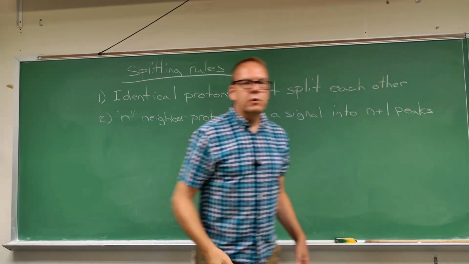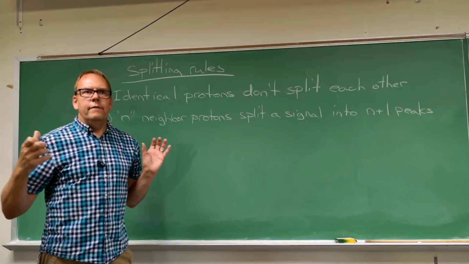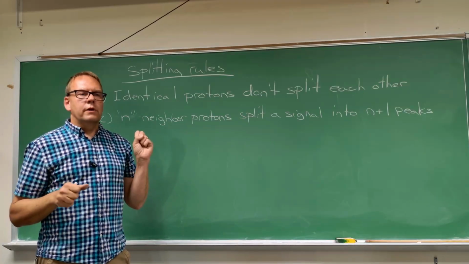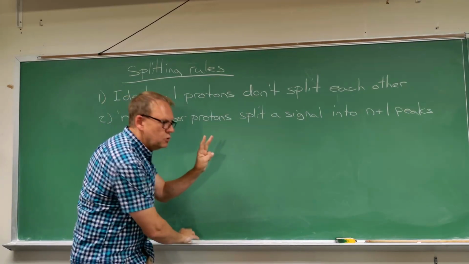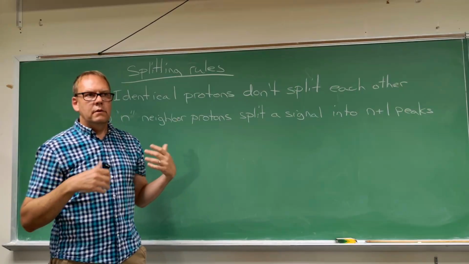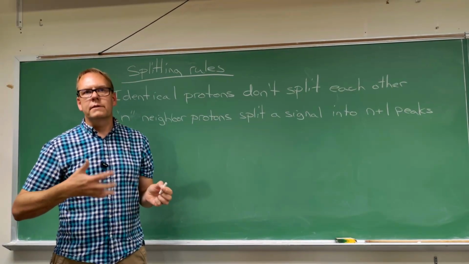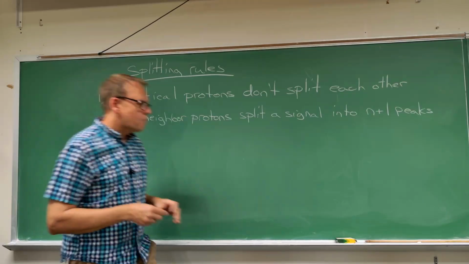So that's what we were talking about before: if you have one neighbor, add 1, you're split into 2 peaks. If you have 2 neighbors, you're split into 2 plus 1, 3 peaks, and so forth. So count the neighbors, add 1, and that's how many peaks you expect to see for that signal.